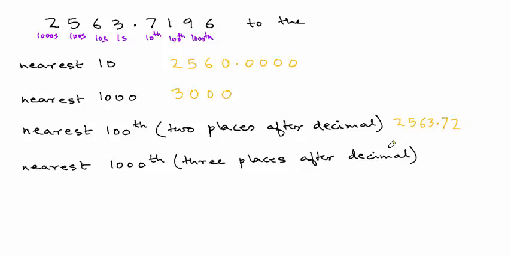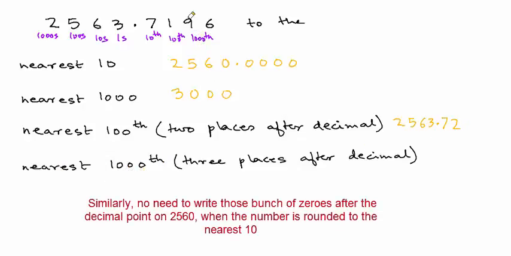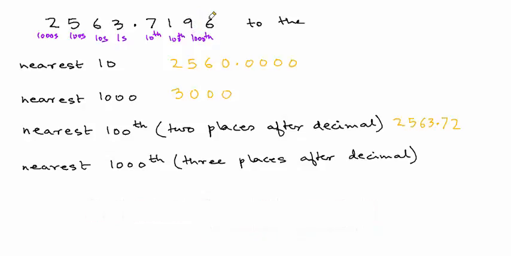Now let's talk about rounding this number to the nearest thousandth, which is this 9 over here. Obviously the next digit is a 6. Is it 5 or more than 5? Therefore this 9 needs to round up. But we cannot write a 10 over here because it's a single digit place. Therefore, we carry over the 1 from the 10 to the previous digit.